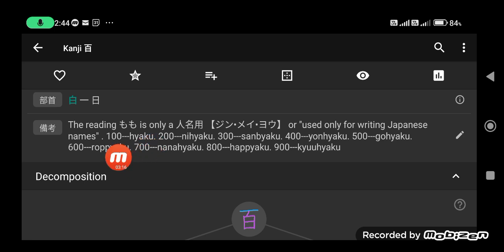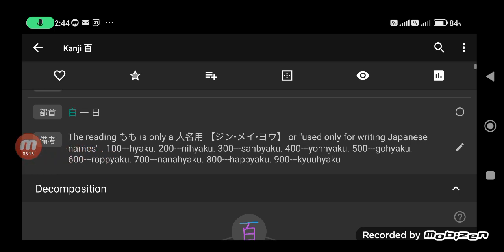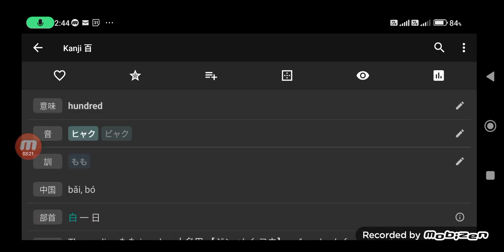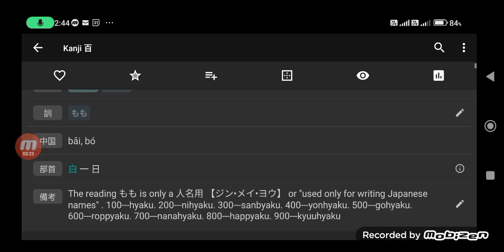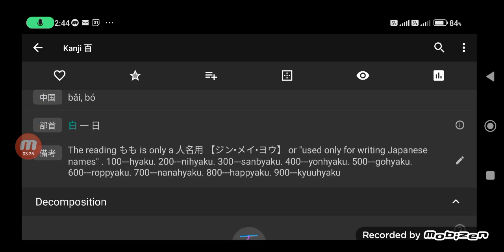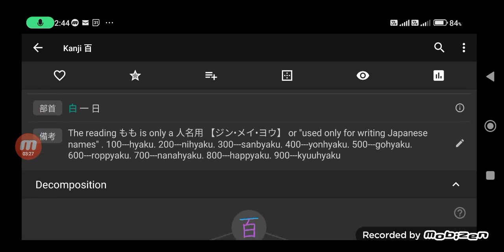So hyaku, or 100, is a very fundamental kanji, and let me just give you a basic refresher on how you count 100 up to 900. So let's go. 100 is hyaku, 200 is ni hyaku, because that's 2 plus hyaku.